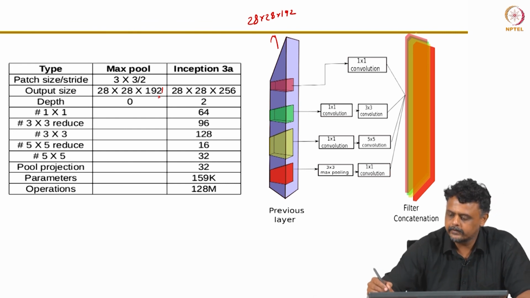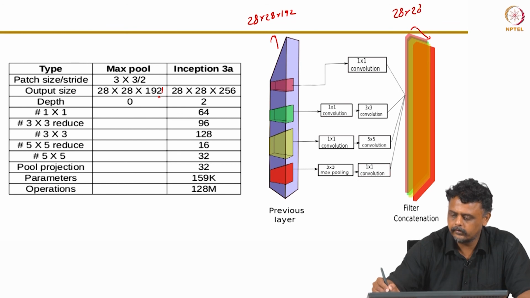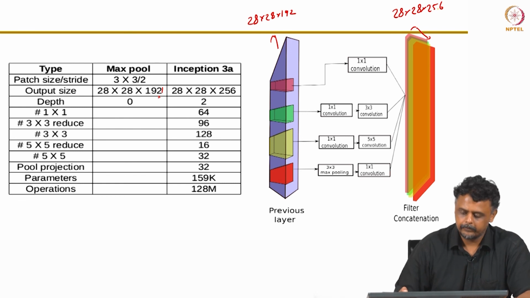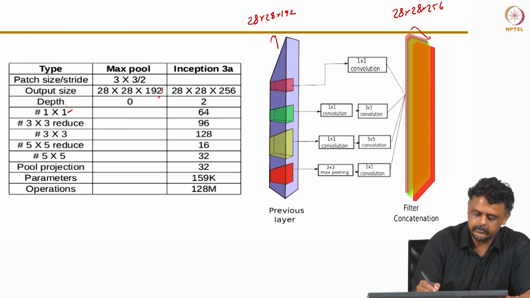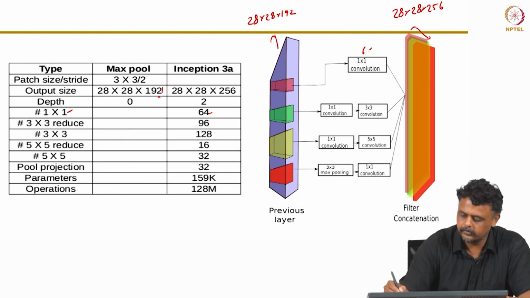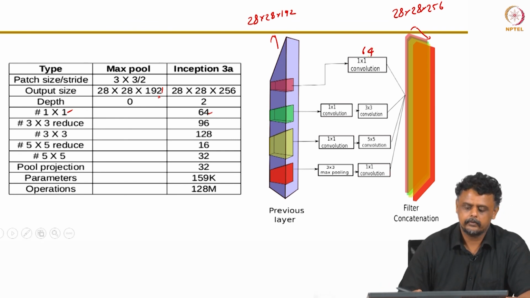The output has size 28 cross 28 cross 256, okay. Now, the number of 1 cross 1 convolutions is 64, so there are 64 here, okay.